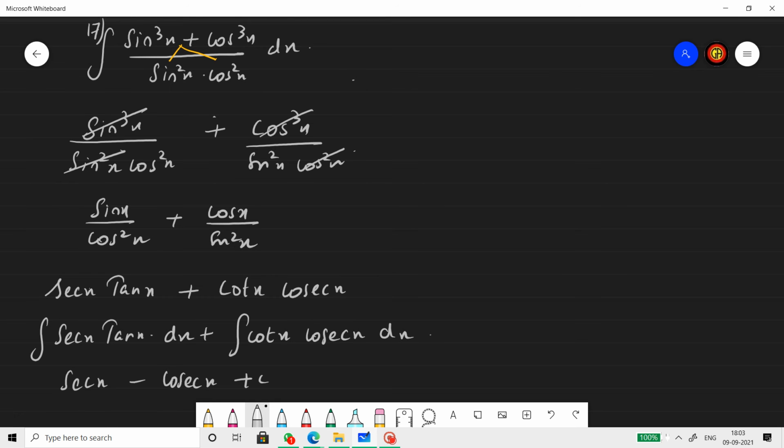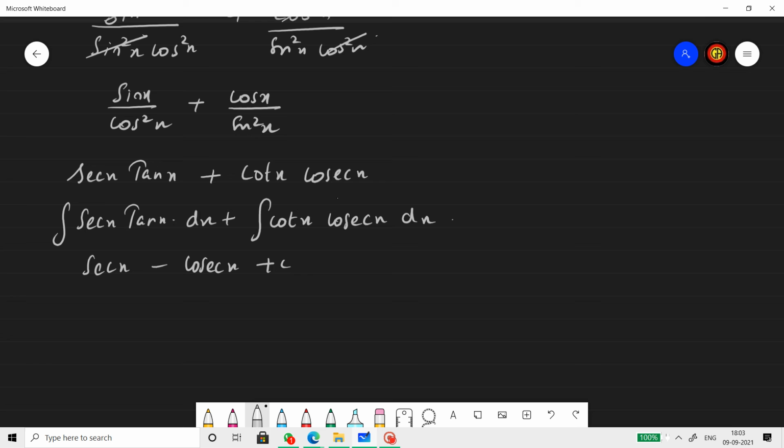Sine by cos is tan, so we'll have still 1 by cos, which is sec. And here cos by sine is cot, still there will be a sine left, and 1 by sine is cosec. And now we have come to a point where we can directly integrate it. Integration of sec x tan x is secant x, integration of cot x cosec x is minus cosec x, and plus c for constant.